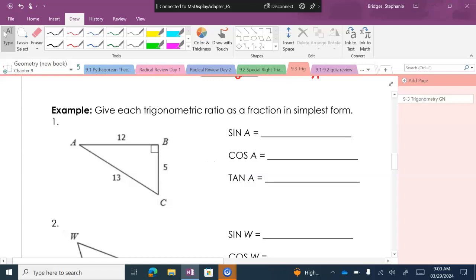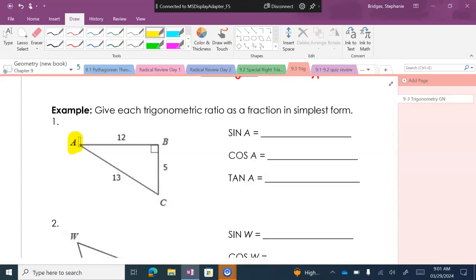All right, let's look at this first picture. Do you notice that we have sides labeled 13, 12, and 5? We're going to start with writing the ratio of the sine of angle A. And when we write these ratios, if they can reduce, we need to reduce. So let's look at angle A. Sine is opposite over hypotenuse.